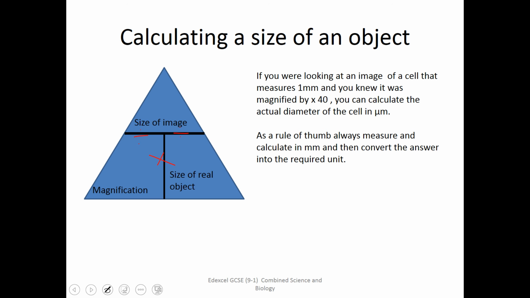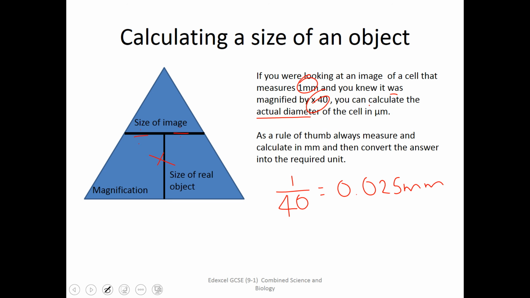If we look at the example that I have provided, we can do the calculation to work out the actual diameter. We have been told that the cell measures 1 millimeter and the magnification was times 40. So the actual diameter would be 1, the size of image, divided by 40, which is the magnification, giving us an answer of 0.025 millimeters.